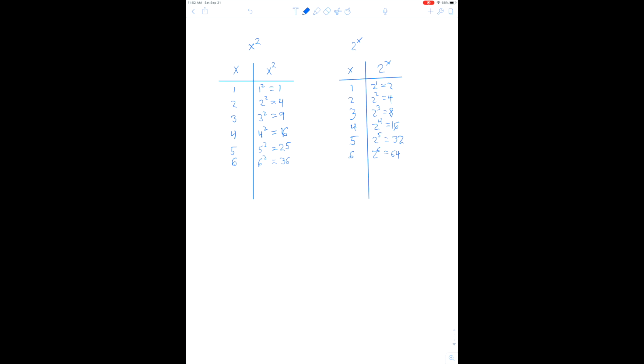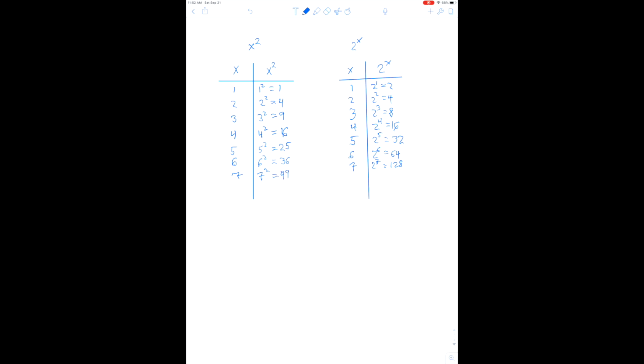And you will find that after a while, the numbers on the right side will vastly outpace the numbers on the left side. So I'm going to go 1 or 2 more. So 2 to the 7th is 128, versus 7 squared, which is simply 7 times 7, 49.